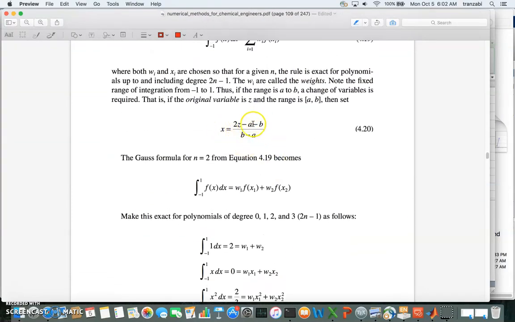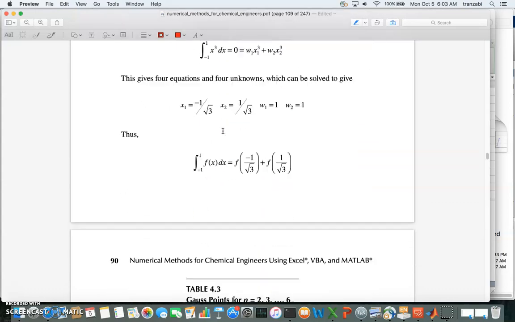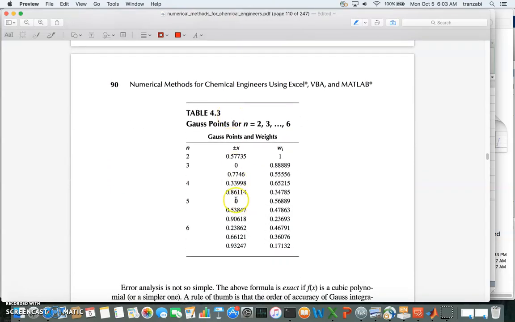If the integral is from a to b, if z varies from a to b using this transformation, then x varies from -1 to 1. Okay, then we apply the Gauss Quadrature to x variable, not to z, because x varies between -1 to 1. And the points are these, depending on the accuracy. If you want to do really accurate, we do 6 points, a little bit less accurate, 5 points, all the way to 2 points.